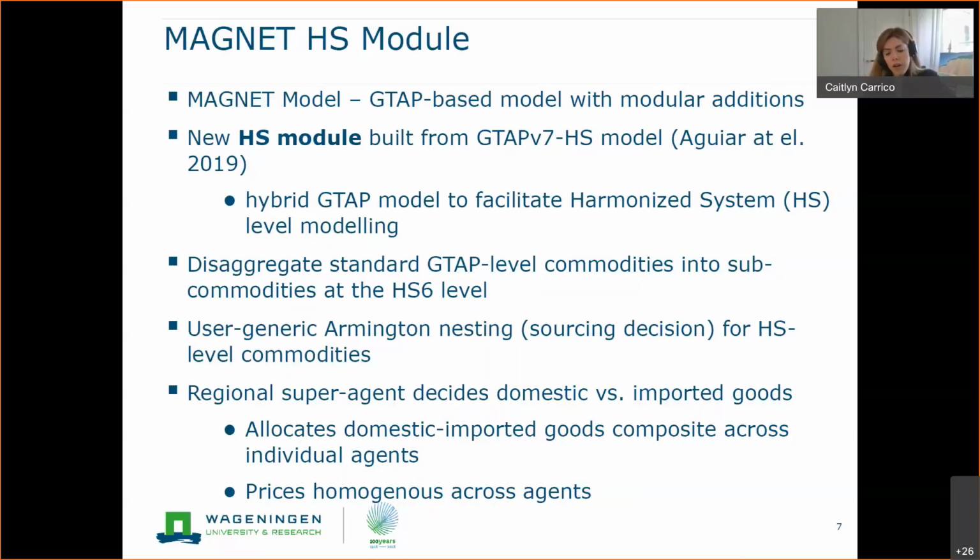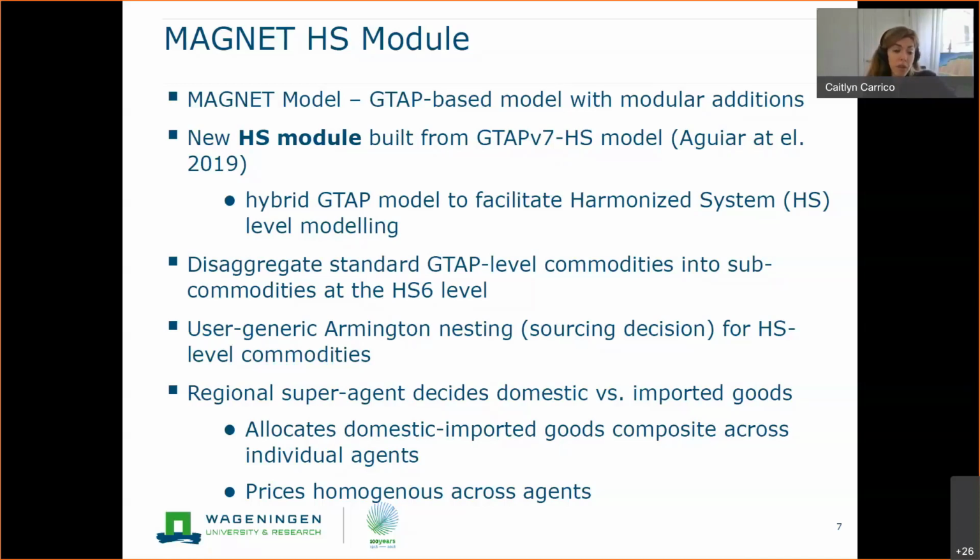There are certain changes that happen to the theory of the standard model. So the model is adapted theoretically. For example, now you have this Armington nesting. So you have the sourcing decision at the HS level for those commodities that we've split out into the HS level.